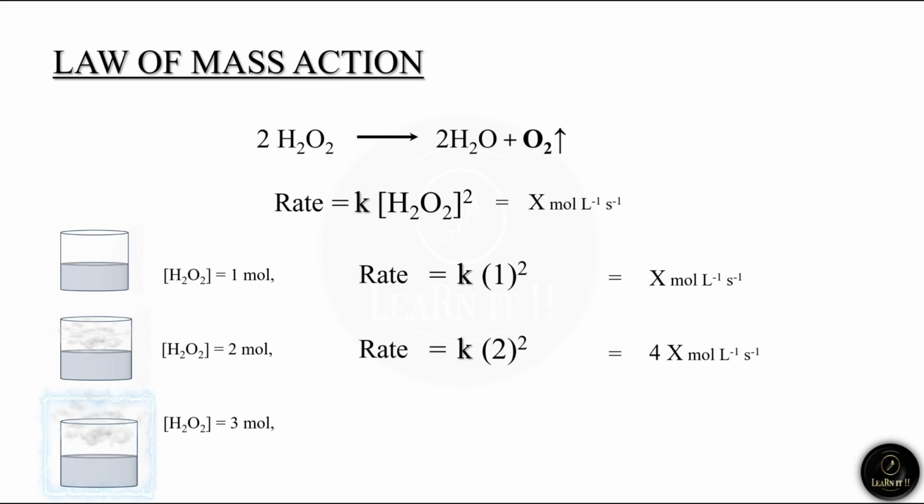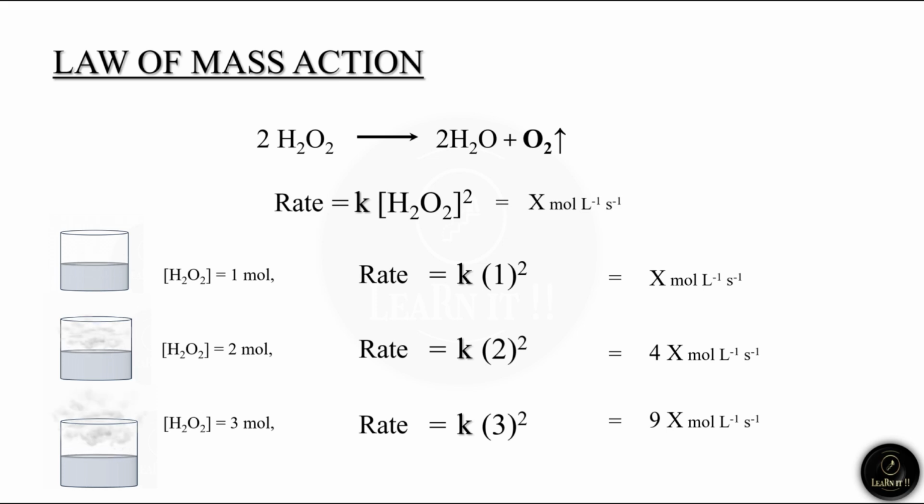If we take the concentration of hydrogen peroxide equal to 3 moles, then rate is equal to K into 3 square, that is equal to 9 times the rate of the reaction when we have taken 1 mole of hydrogen peroxide.